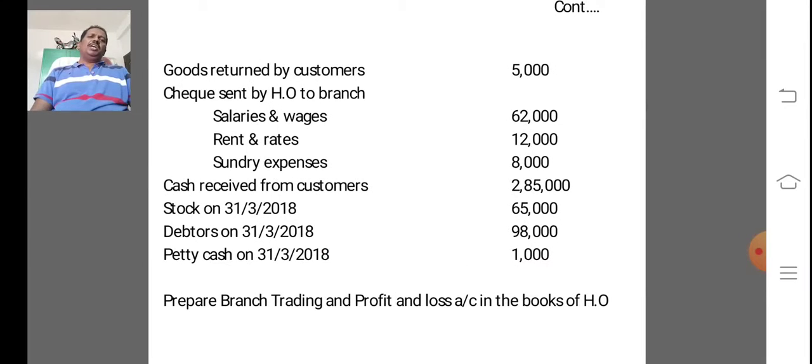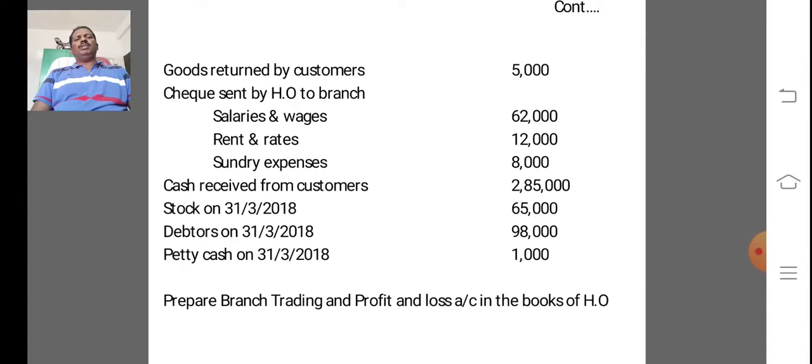Goods returned by customers 5,000, cheques sent by head office to branch: salary and wages 62,000, rent and rates 12,000, sundry expenses 8,000, and cash received from customers 2,85,000.